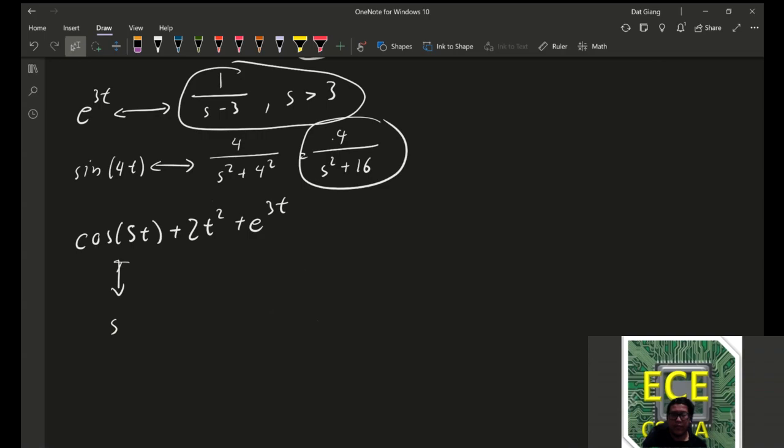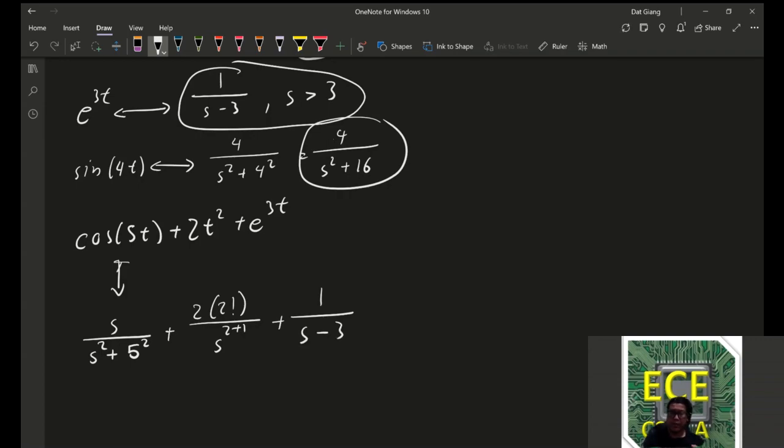We have s divided by s squared plus 5 squared, apologies if s looks like a 5 here, it's meant to be an s, plus 2 times 2 factorial divided by s to the 2 plus 1, plus 1 over s minus 3.